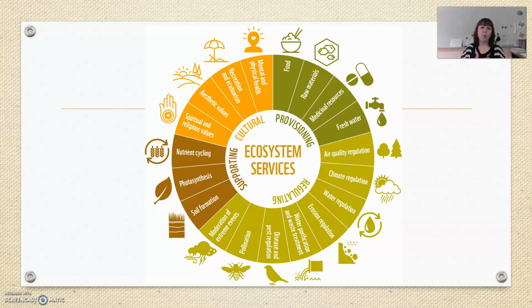Then there's also supporting services, which keep the earth and the ecology running, so nutrient cycling, photosynthesis. Then there's regulating, things that keep the ecosystem in balance, climate regulation, disease and pest regulation, those things that keep our ecosystems functioning. So if we decrease in biodiversity, we decrease any number of these things.